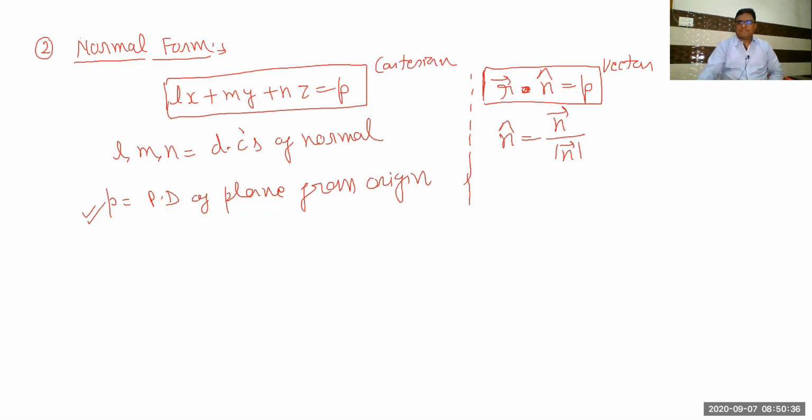Next formula number 3, intercept form. Let us draw x, y, z axis first. Okay, this point is origin here, and it is x-axis, y-axis, and z-axis.